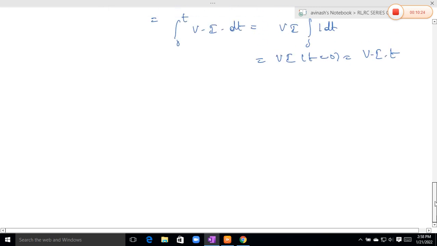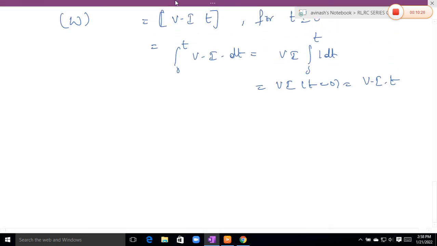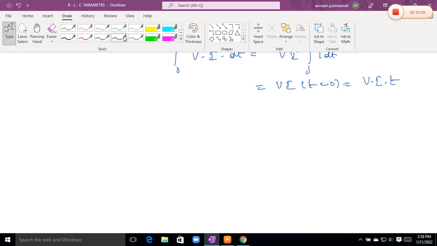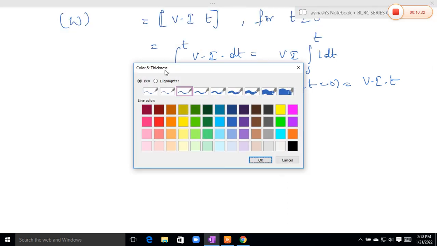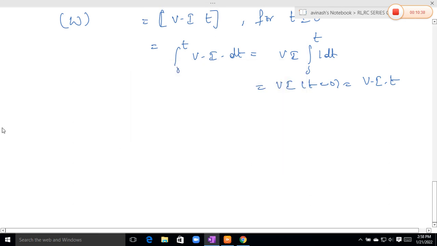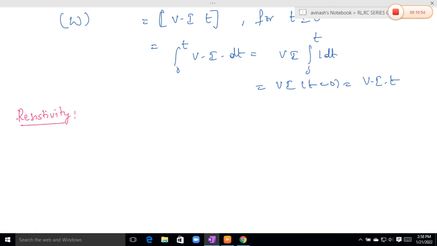After the resistance, what we have here is resistivity. The resistivity of the material is defined as the resistance between the opposite faces of a metric cube of that material.